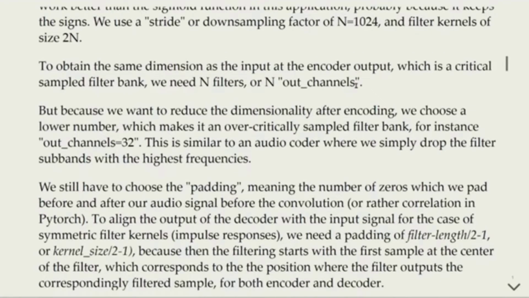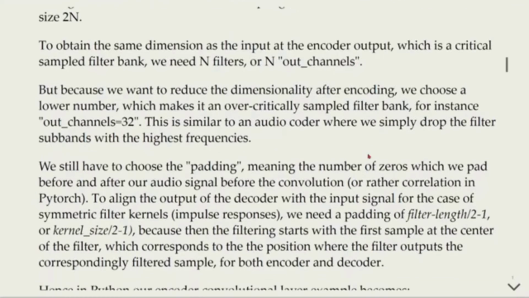But because we want to reduce the dimensionality after the encoder, we choose a lower number, which makes it an over-critically sampled filter bank, for instance with out channels equals 32. This is similar to an audio coder where we simply drop the filter subbands with the highest frequencies.